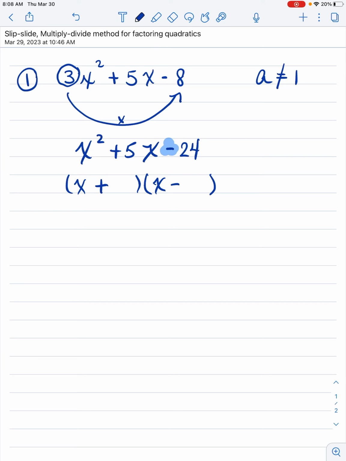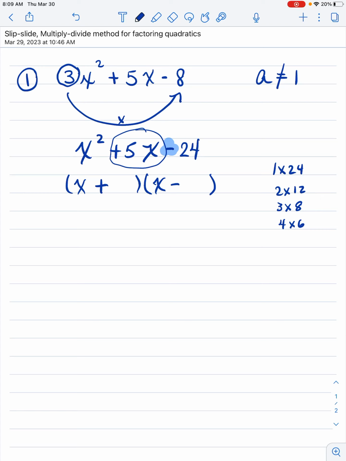Now we want to go through our factor pairs. What factor pairs multiply to give you 24? 1 times 24, 2 times 12, 3 times 8, 4 times 6. Because I have different signs here, I know I'm going to be subtracting, so I'm looking for a difference of 5 because that's my middle term.